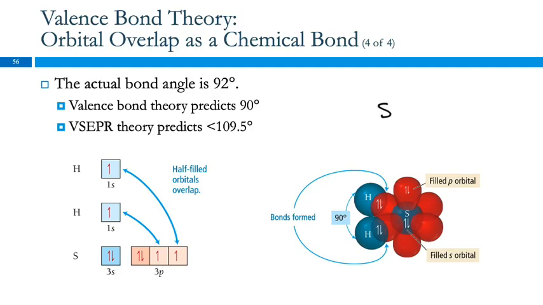Lewis theory would look at it this way. Here I've got hydrogen, and here I've got sulfur. And these are going to share a pair of electrons, that's a chemical bond. These are going to share a pair of electrons, that's a chemical bond. Whereas here we're looking at the overlap of half-filled orbitals.